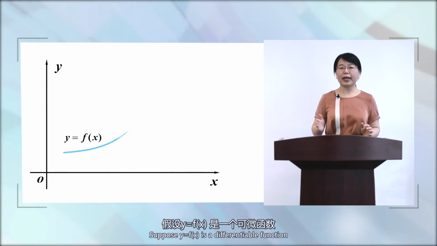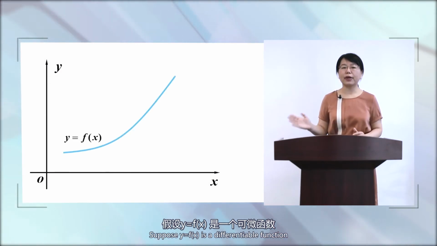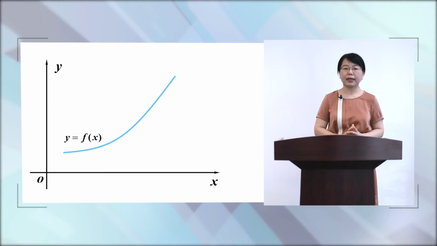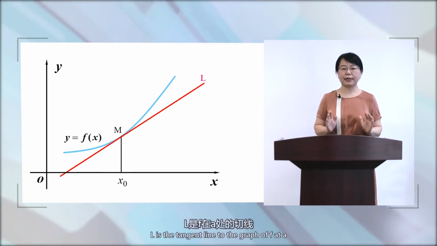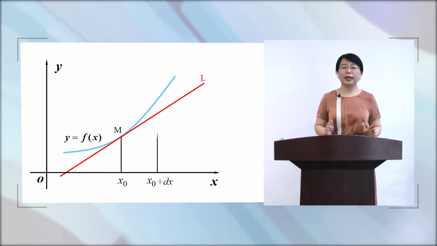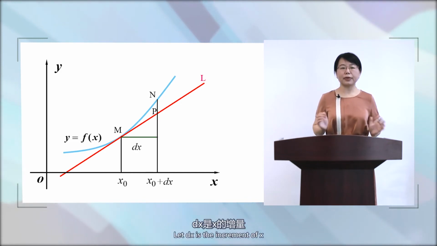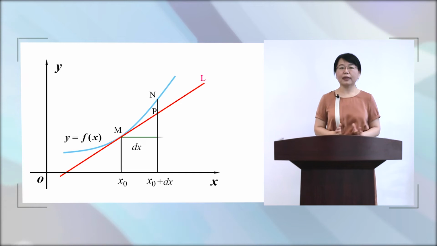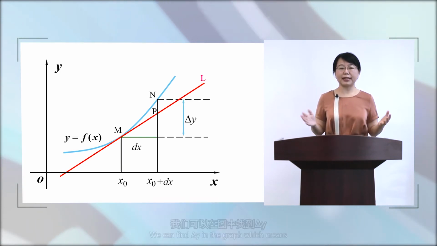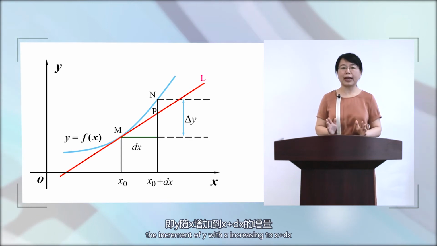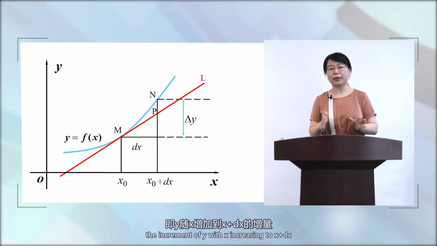Suppose y equals f of x is a differentiable function. L is a tangent line to the graph of f at point A. Let dx be the increment of x. We can find delta y in the graph, which means the increment of y with x increasing to x plus dx.